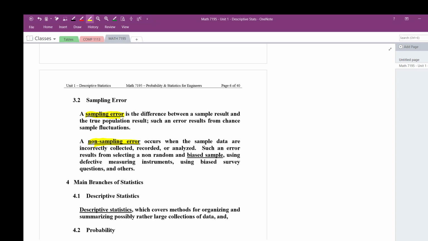Well, we all know that the front row is full of the smartest kids, so certainly the average there would be maybe higher than what it would be for the entire class. So I've come up with something that's biased. There are many other errors that we could make. We'll try to discuss them as we go through the course so that we can avoid them and so that we can be critical of others.